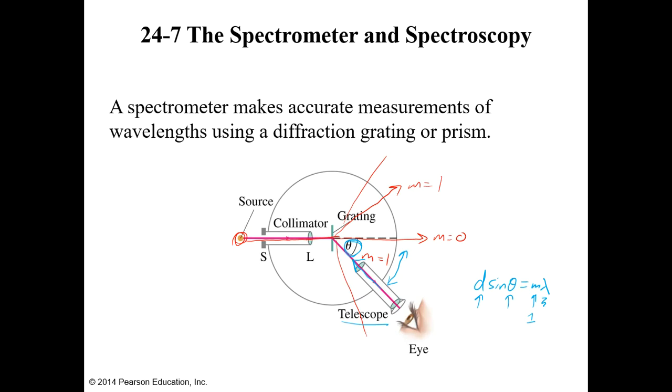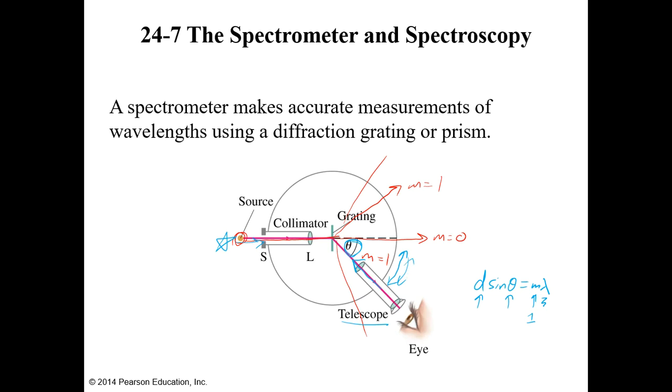So what we've done is we've found light sources such as stars out in the sky that become a source, and look at them very closely through a telescope. That lets the light through the telescope come into the collimator, hit a diffraction grating, then have this rotating telescope.